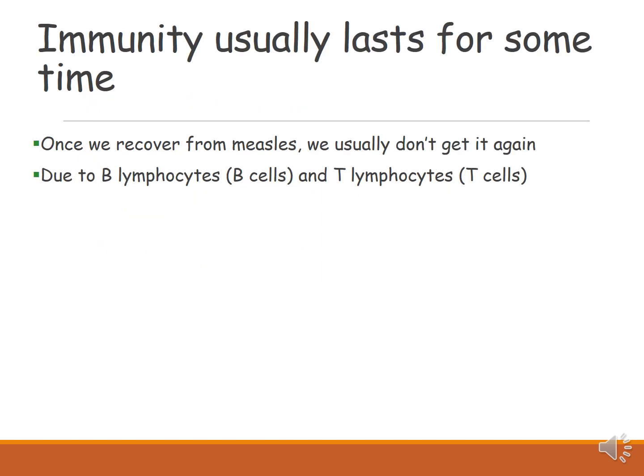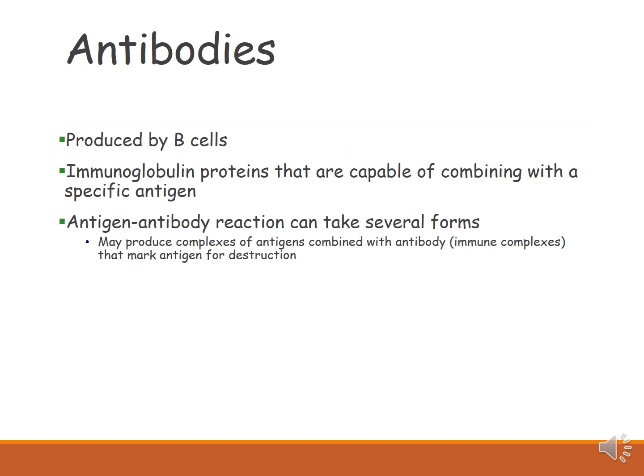Our immunity usually lasts for some time. If you get the measles and recover or get a measles vaccination, you usually don't get it again. And this is due to the B cells and T cells. Again, B cells produce antibodies. These are immunoglobulin proteins.